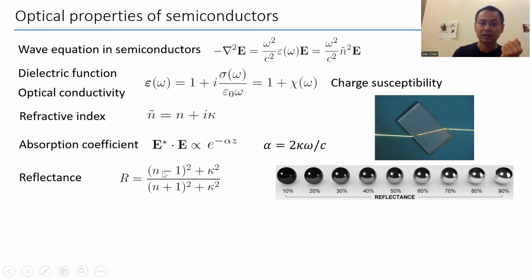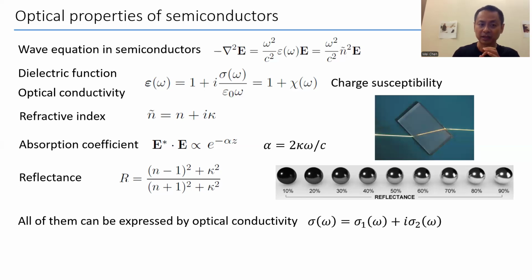It is basically given by this combination of the real and imaginary parts of the refractive index. The purpose of showing you all these formulas is to demonstrate that all these optical properties can be expressed in terms of the optical conductivity, which is also complex. Epsilon is related to the optical conductivity by definition in this way, epsilon is given by n tilde, chi is given by epsilon, and so on and so forth.